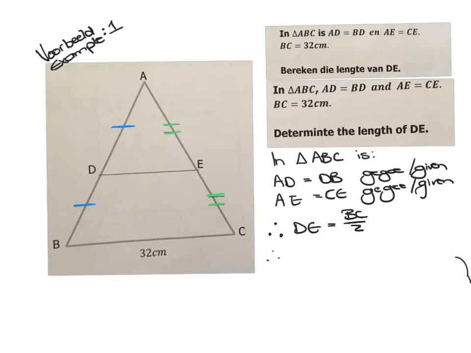En daarna, because we know the midpoint theorem, ons ken die middelpuntstelling, kan jy gaan sê, therefore, DE is equal to half of BC. And we know what BC is, so DE is gelyk aan 32 gedeel deur 2 en dit is 16. It is 16 centimeters.